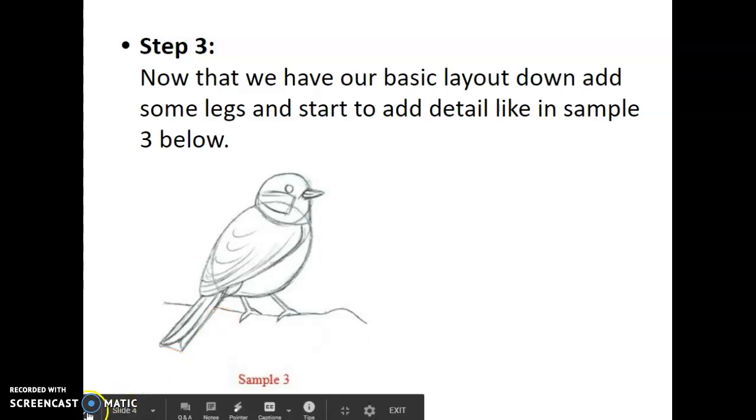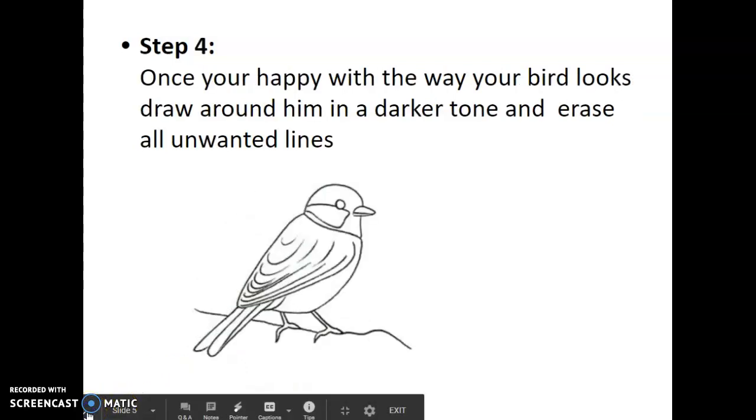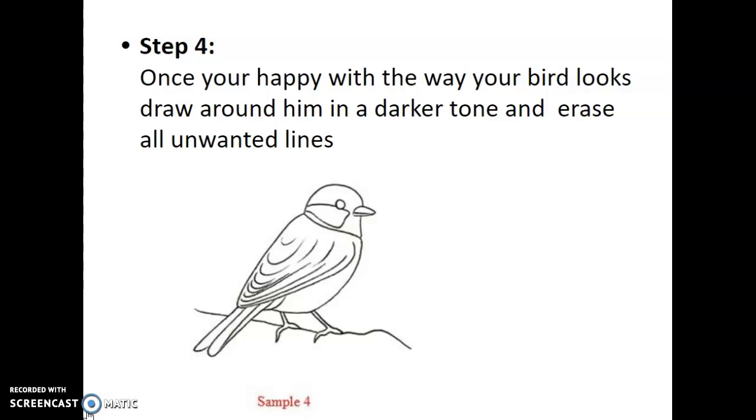Once you've done that, then if you're happy with the way your bird looks, okay, then you'd want to go and draw around it a bit darker. Do you remember I always talk to you about making your sketching light to start off with until you're happy with it, and then once you're happy, you can press down a bit harder with your pencil, okay?